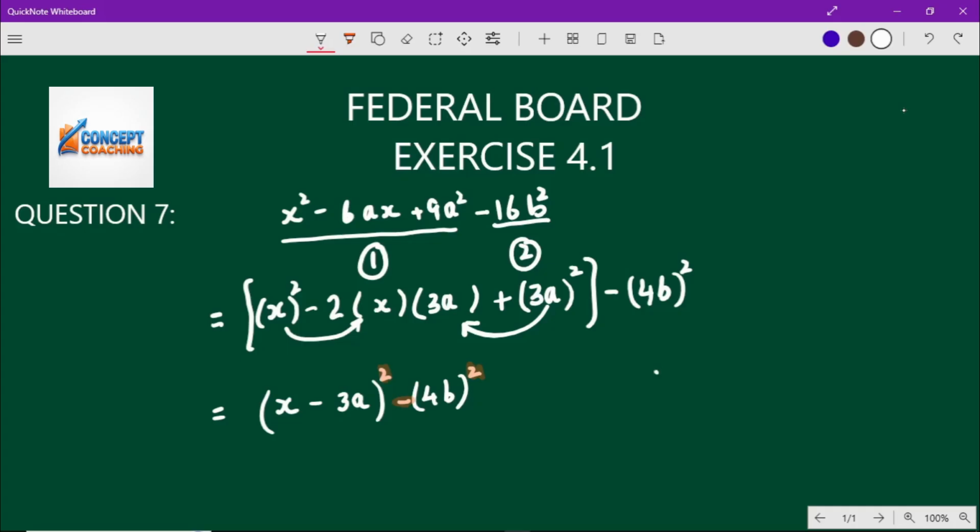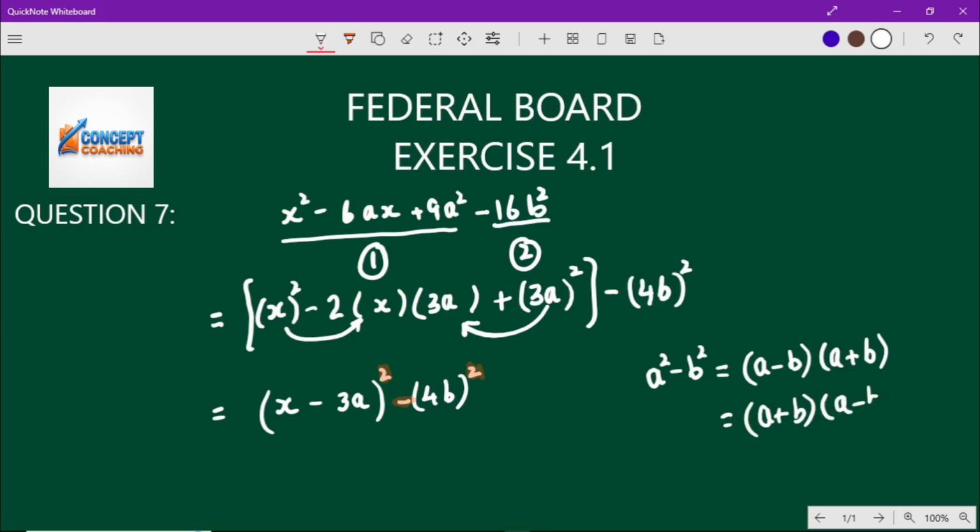So whenever we have a square minus b square, this is the formula. This must be equal to a minus b and a plus b. So one time we subtract and one time we add, or you may write that a plus b first and a minus b second.